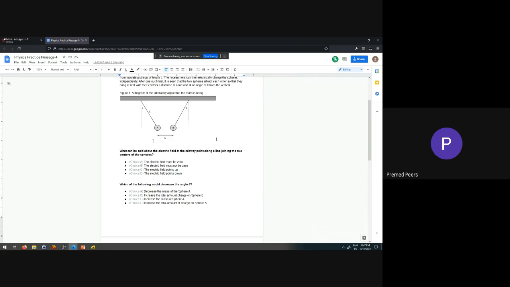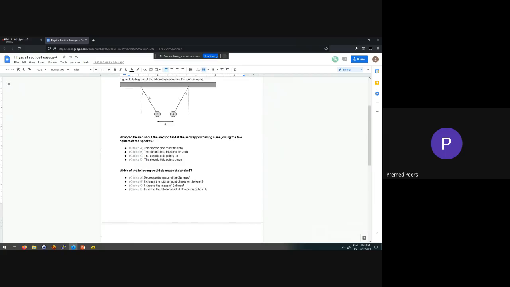So increasing the mass would actually make these further apart because gravity would be pulling down more. So decreasing the mass, no. Increase the total amount of charge on either of the spheres? Remember, kQ over r squared, that would increase the force. But if we increase the mass on A, that's going to pull it down, which will in turn have less of a force on these. So it would decrease everything all around.